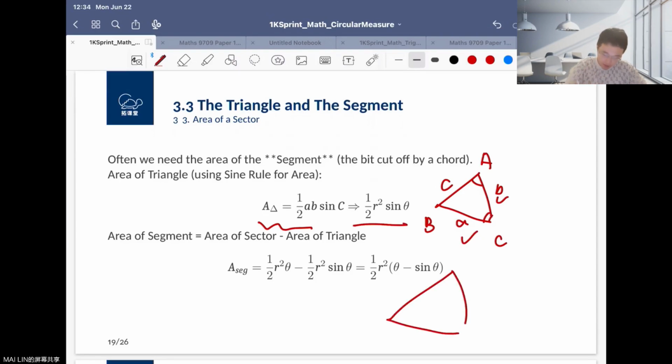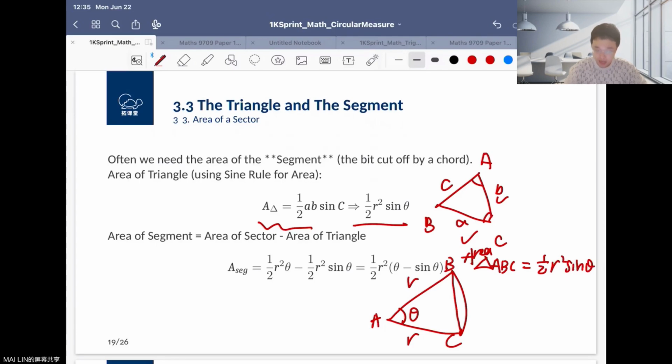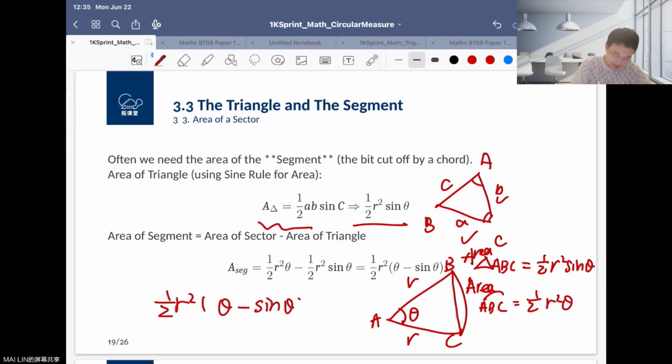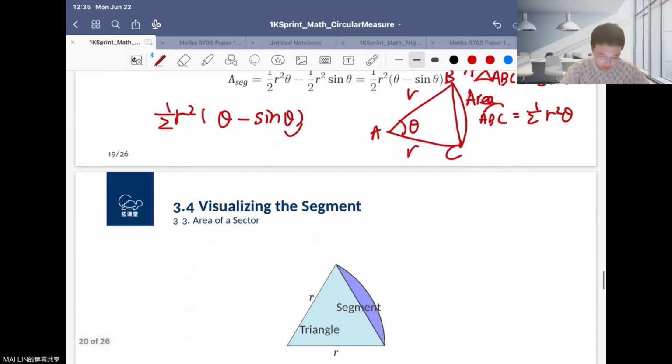If here we have a sector, and we draw a triangle ABC with sides r, r and angle theta, the triangle's area is a half times r squared sine theta. And the sector's area is a half times radius squared times theta. So you can use the sector's area minus the triangle's area. That is a half times radius squared times theta minus sine theta, okay? That is our final answer.